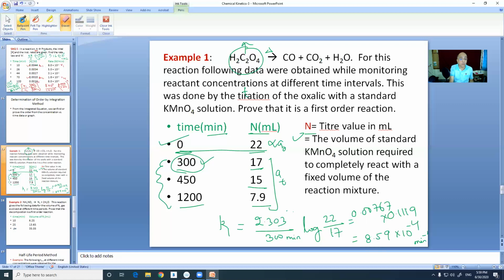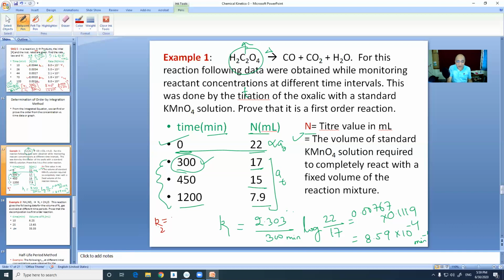And let us now find the second k value. At least go for the second one, to see almost the same value you will be getting. So let it be called K2. These will be constants, but let us call it K2, because we will be taking the average of that. Right?